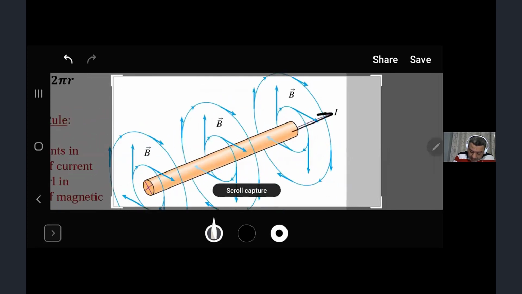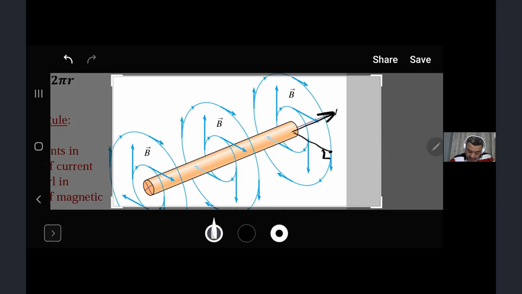The current is going in this direction. This means if I take my thumb in the direction of the current, my fingers will be curling, as you can see, in this direction. So I can look at this point. See this point? The magnetic field is perpendicular.